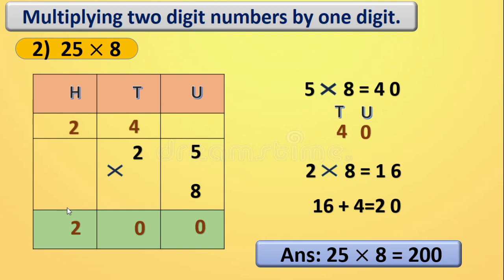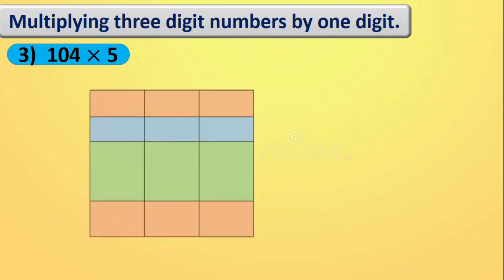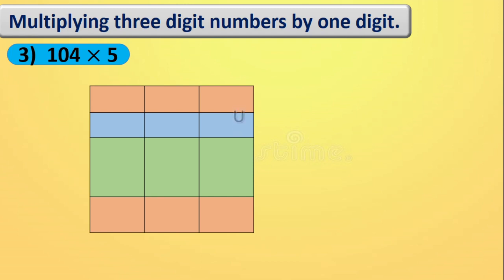Okay. Now we will move to multiplying 3-digit numbers by 1 digit. Here we will take 104 multiplied by 5. What to do now? First we have to make a table. Here we will write units, tens and hundreds.